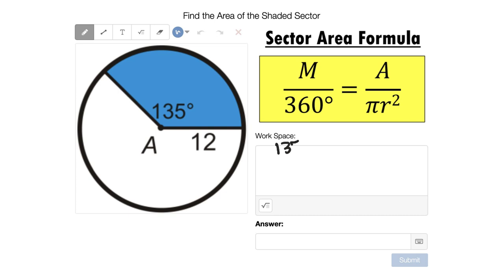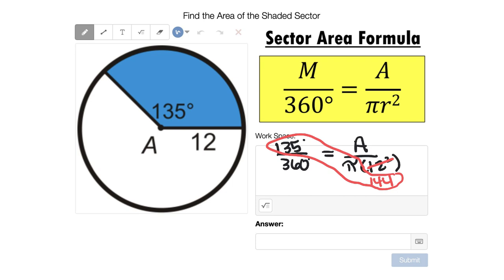Here we have 135 out of 360 degrees to degrees equals the sector area compared to pi 12 squared. 12 squared is 144.